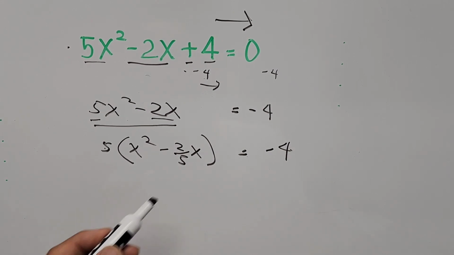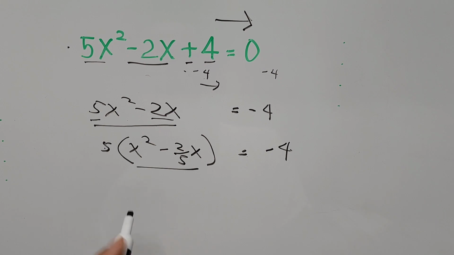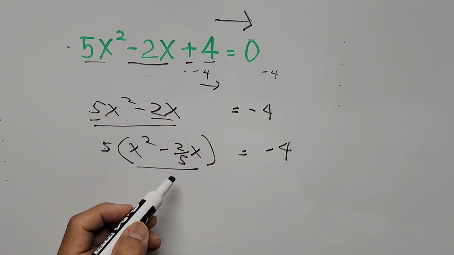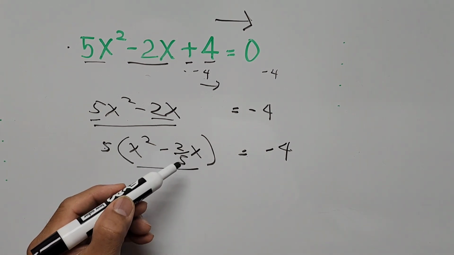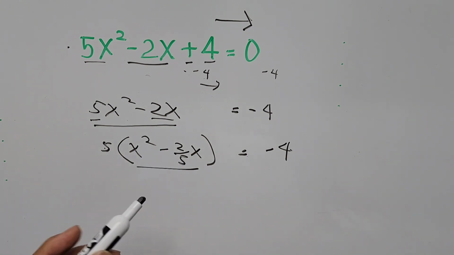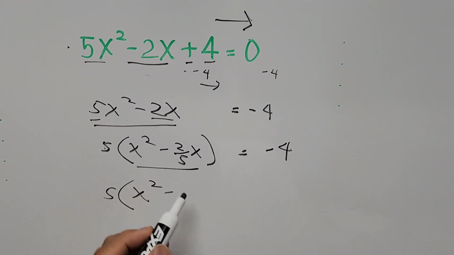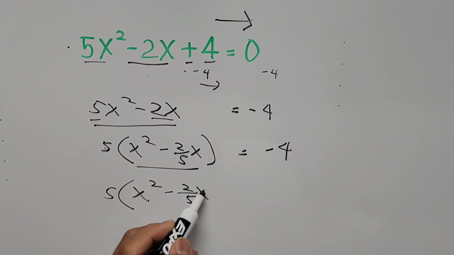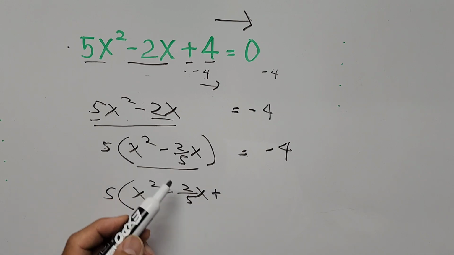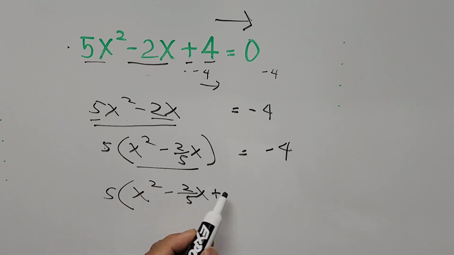Now to find the third term, to make the left hand side of the equation a perfect square, we have to divide the coefficient of the second term by 2 and square it. So from here, we have 5 times the quantity x squared minus 2/5 of x plus, divide the coefficient of the second term by 2, so that is 2 divided by 10, right?